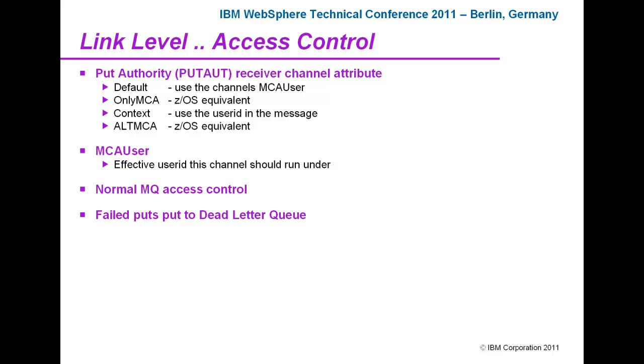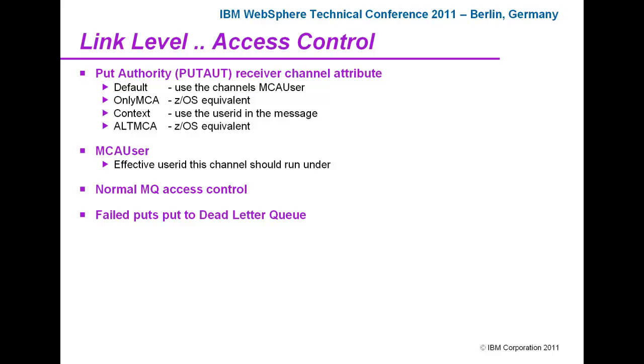So that is something to be aware of if you do use put authority context. Having sorted that out, it's then normal MQ access control. Does this user ID have access to put these messages to this particular target queue? And if they can't, those failed puts will end up on the dead letter queue. If they can, all's well.